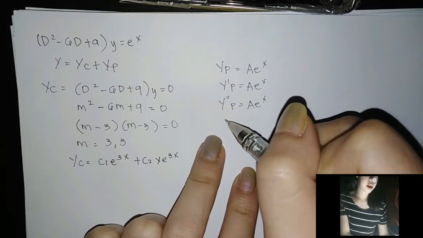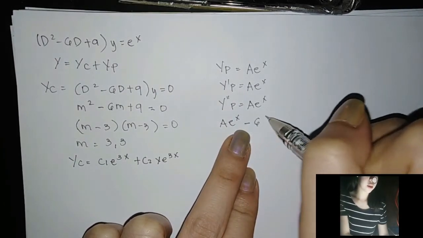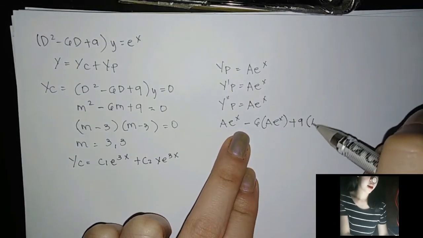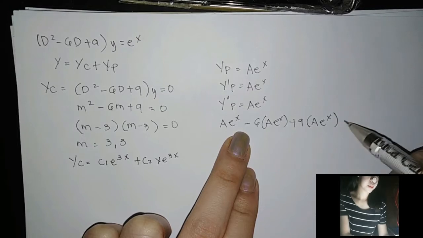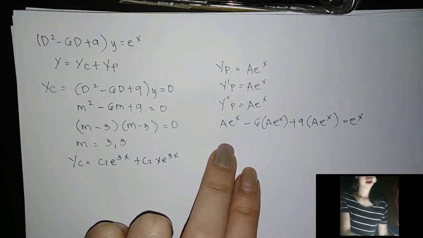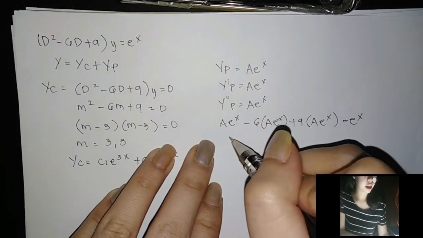So, substitute lang natin. a e raised to x minus 6 plus 9. Okay na. Distribute naman natin ngayon.